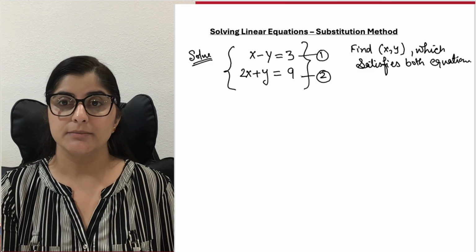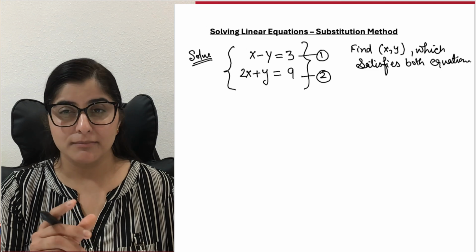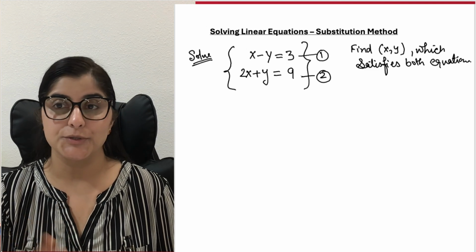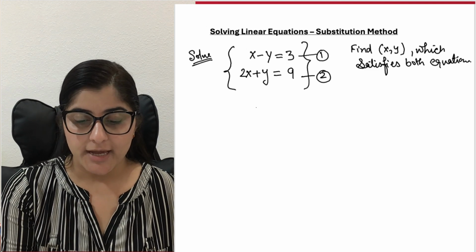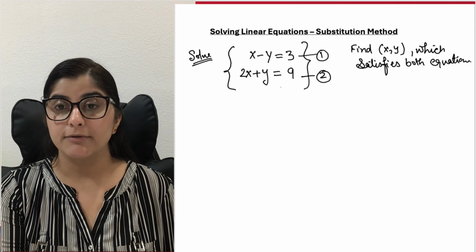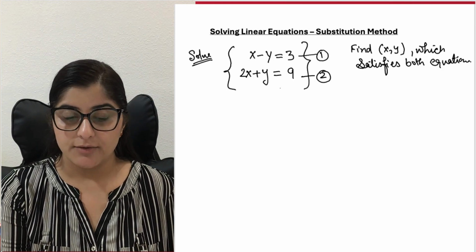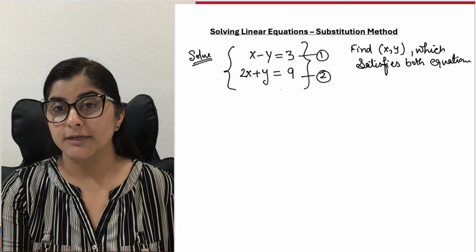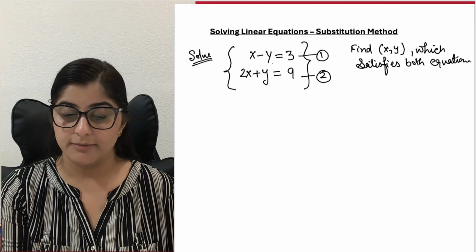So substitution method, from the name it is clear that we are going to substitute something. So we have to use any one of the given two equations and isolate any one of the given two variables, x and y.